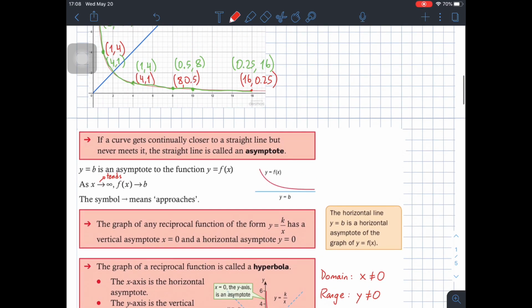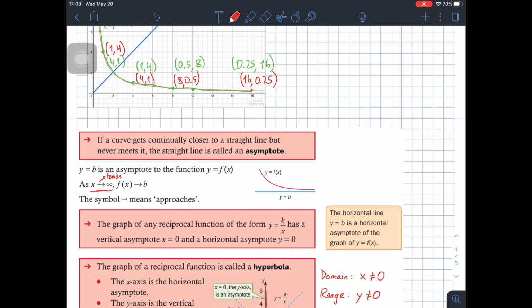It says, if a curve gets continually closer to a straight line but never meets it, the straight line is called an asymptote. So here we have the definition of asymptote, which is something that you already know. Okay, then it says, y equals b is an asymptote to the function y equals f of x. It's just explaining this graph over here.